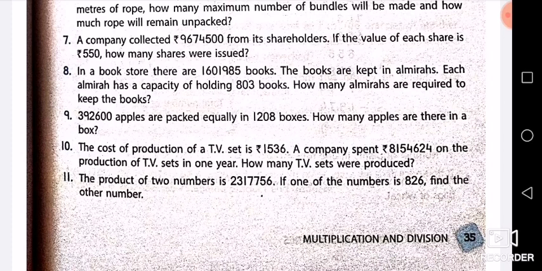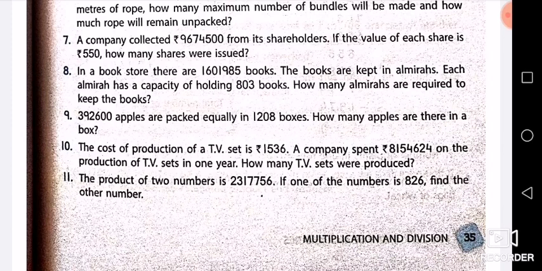So now question number 8. In a bookstore there are 16,01,985 books. The books are kept in almirahs.